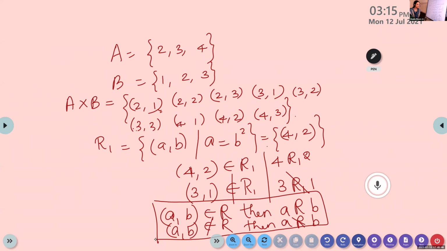Now write this in your book. Is it clear? The notation, is it okay, Tom Sebastian? Samia, John Joss, is it okay? If an element is there, we can say they are related under the relation. Otherwise, we say they are not related. Not means we put the symbol and strike it out. Does not belong, not a subset.